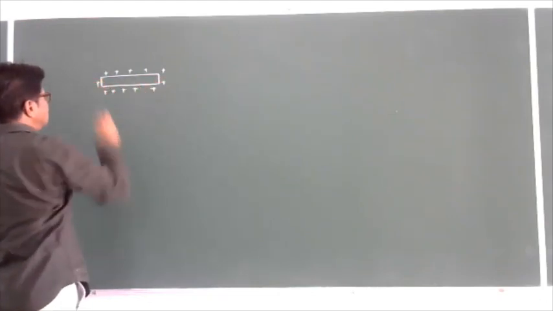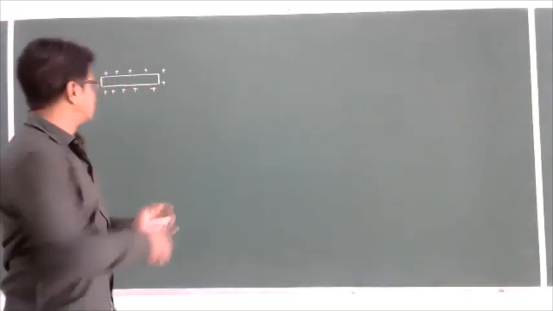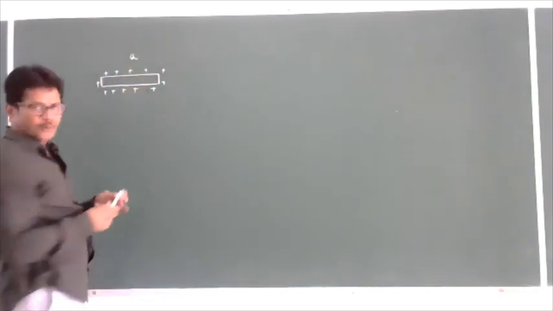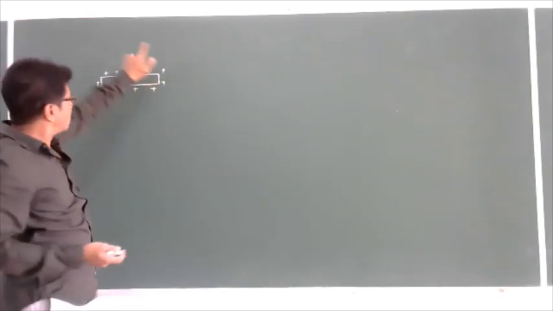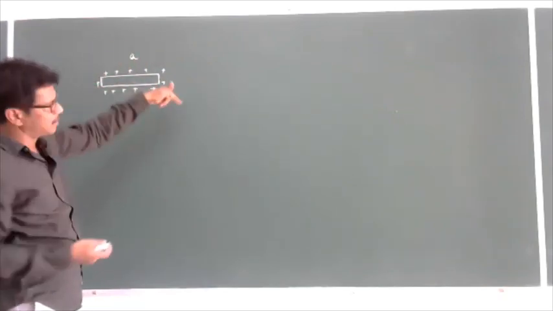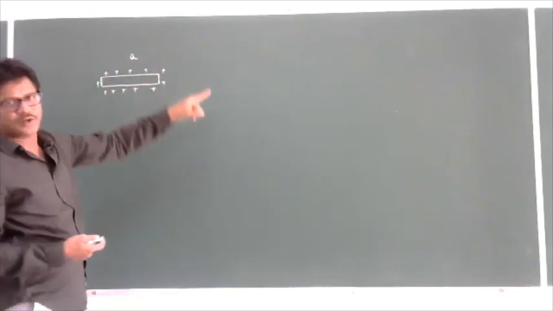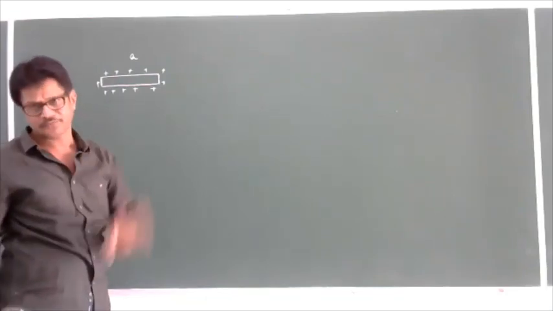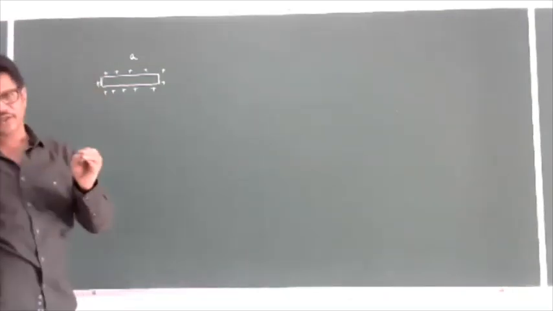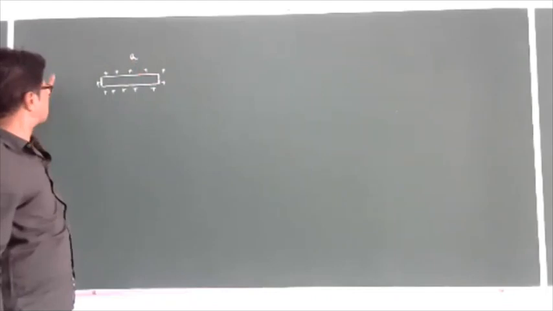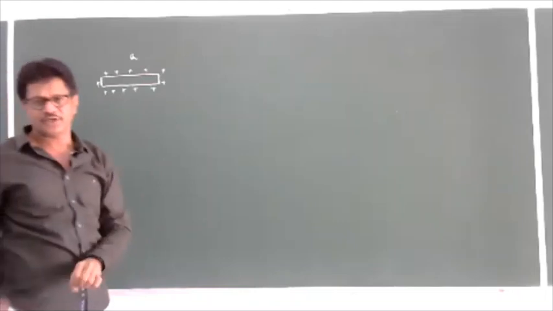The charge, capital Q or small q, is not concentrated at any particular point. Whatever charge we gave to this metal rod or body, it is distributed equally over the entire body. In such a case, how do we find the force experienced by this charge on some other charge? That we call a continuous distribution of charge.